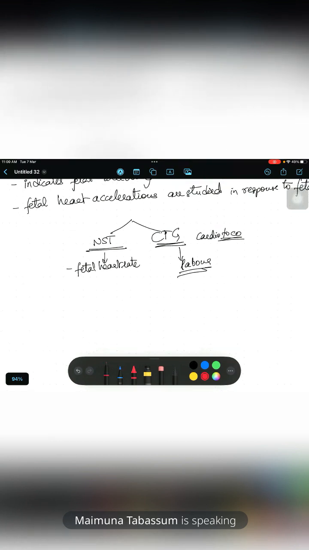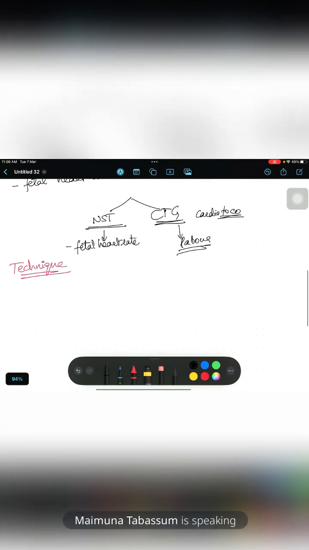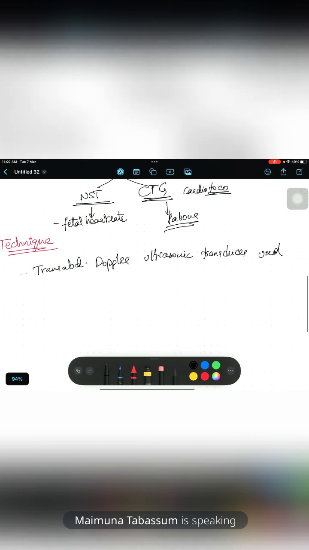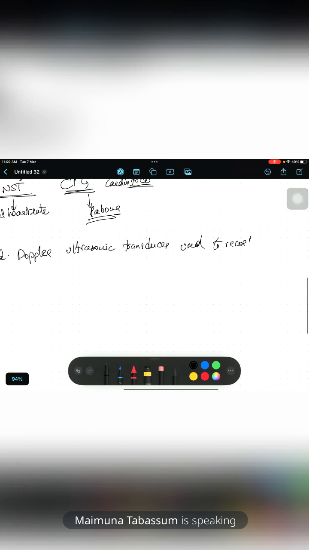So what is the technique you are following? As I have already shown you, a transabdominal ultrasonic Doppler transducer is used to record the fetal heart rate.